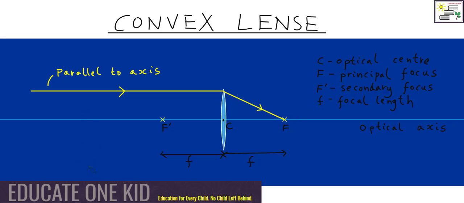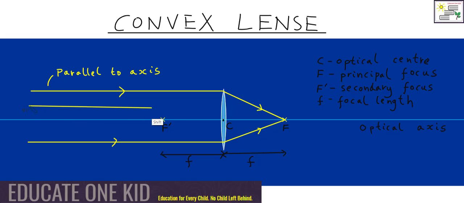If I draw another ray that arrives at the lens, again parallel to the optical axis, it will also bend towards the principal focus. Let me draw just one more ray in.